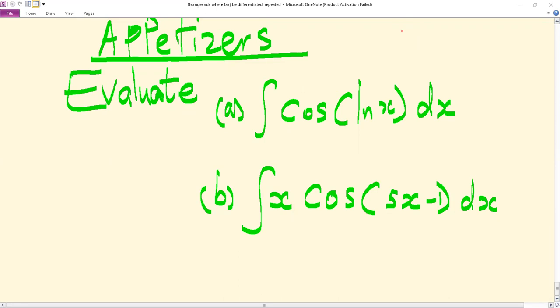transform it into a more proper format of the integrand that will help us to do the integration without problems.